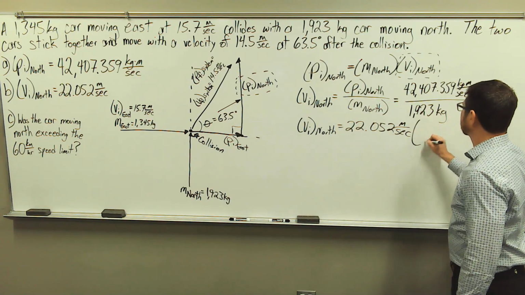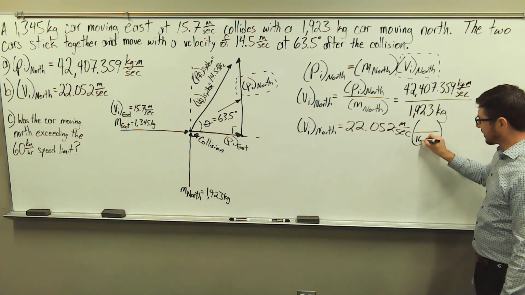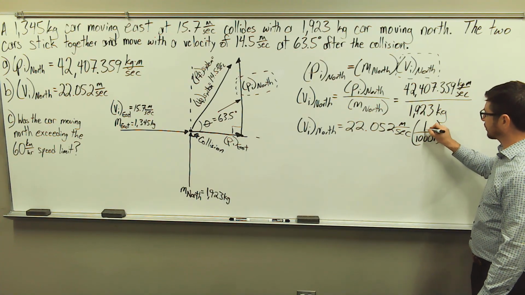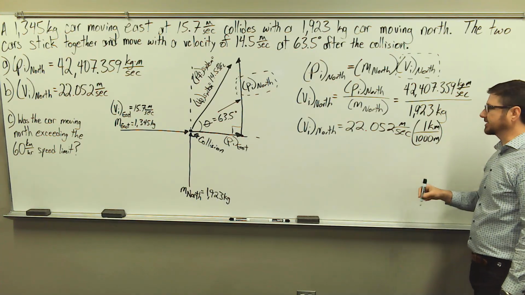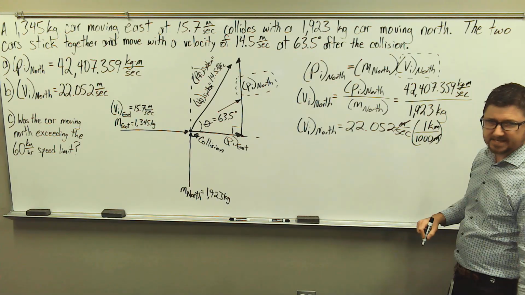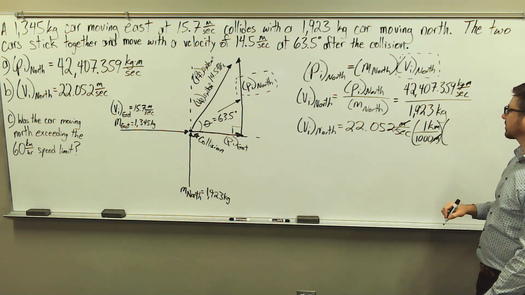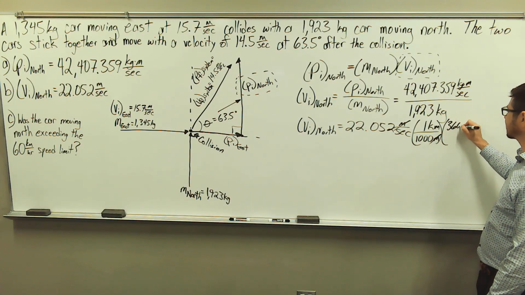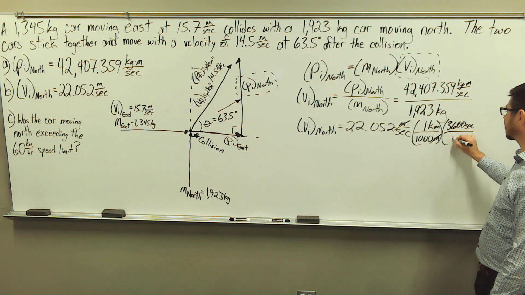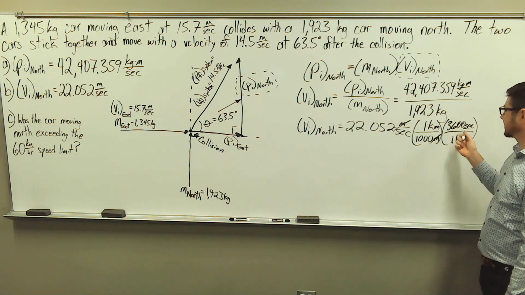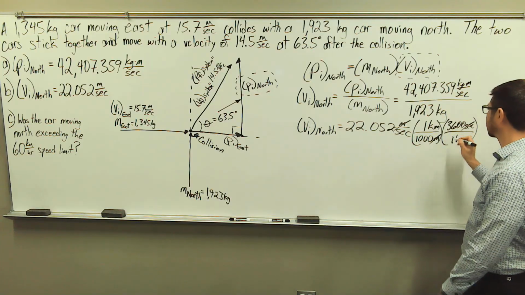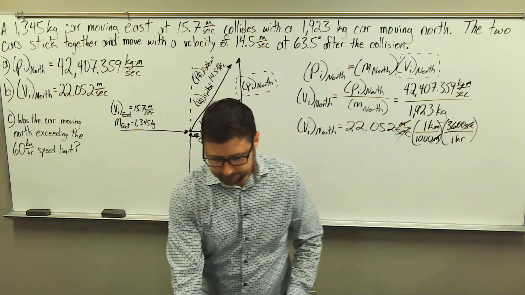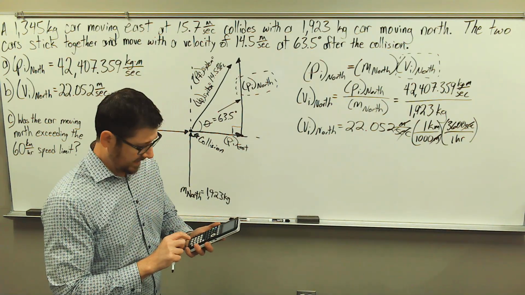So we know that we have 1,000 meters in 1 kilometer. So here I've got meters in my numerator, meters in my denominator. Boom, those guys cancel. Next, we're going to multiply by 3,600 seconds divided by 1 hour. So seconds in the numerator, and then I've got seconds in the denominator. Those guys cancel.